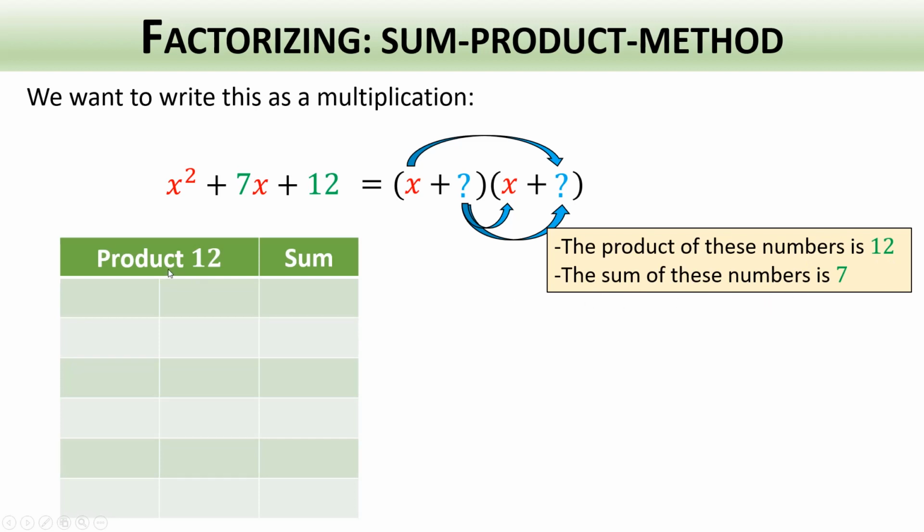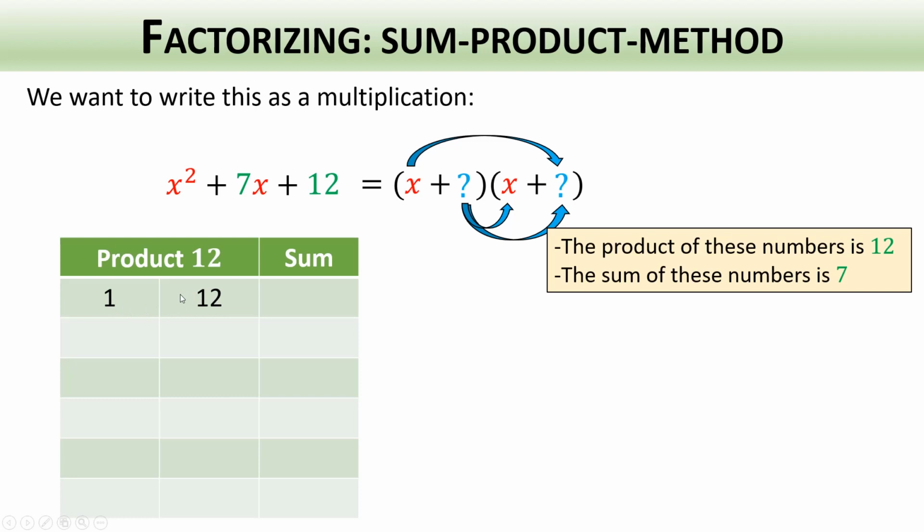How do we find these 2 numbers? Well, experience is the best guide here, but we can do this step by step. The first step is to list all the numbers whose product is 12. And then for each pair of numbers, we can check what their sum is. So how can we get to 12? Well, very simply, 12 is 1 times 12.